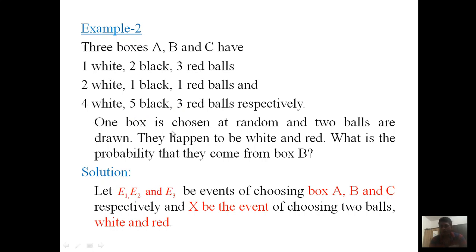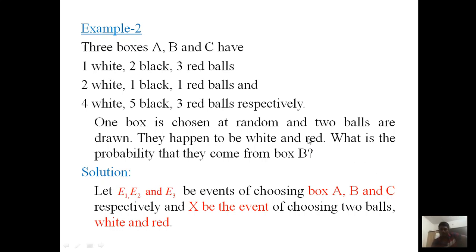Now one box is chosen at random. So out of these 3 boxes, we are choosing one box randomly. And 2 balls are drawn. So after selecting one box among these 3 boxes, we are interested in choosing 2 balls. They happen to be white and red. So again further information is given.